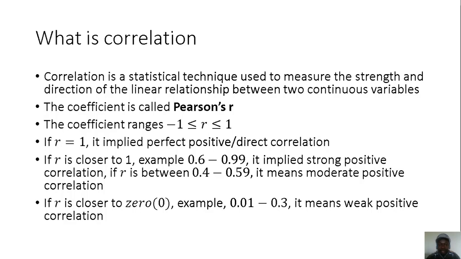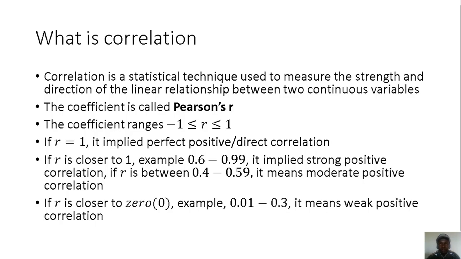So now our next thing to do is, what is correlation or correlation analysis? We said correlation is a statistical technique used to measure the strength and direction of a linear relationship between two continuous variables. So when we say two continuous variables, it should just be that the responses to the variables are numbers.